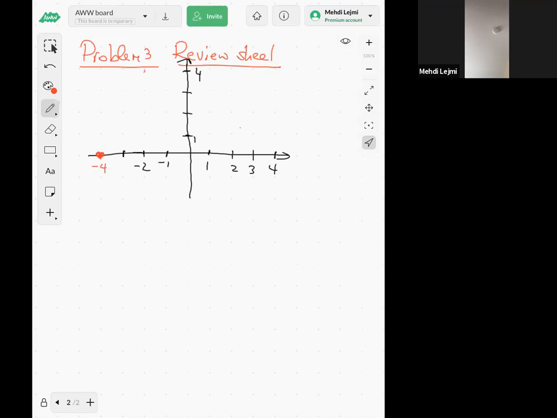Here's -2, 4. And then we have 0, 1, then 3, 2 here, and then this 4, 0 here. Okay, so here is the graph of f of x.